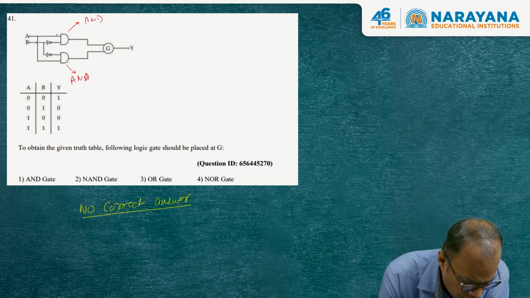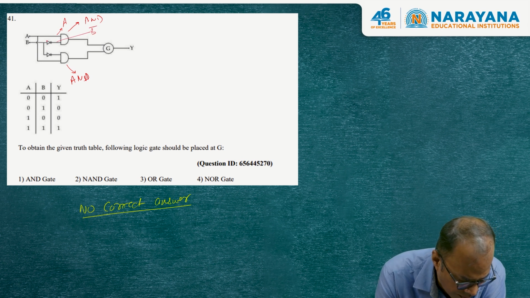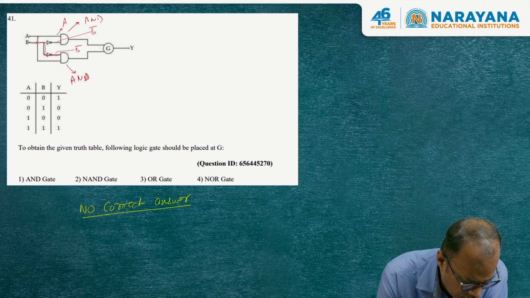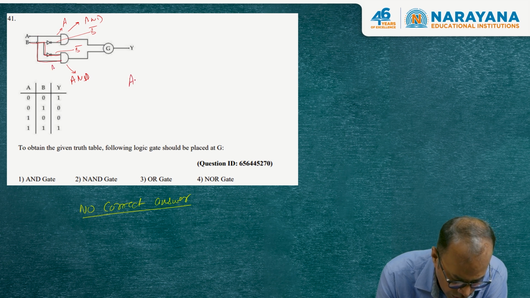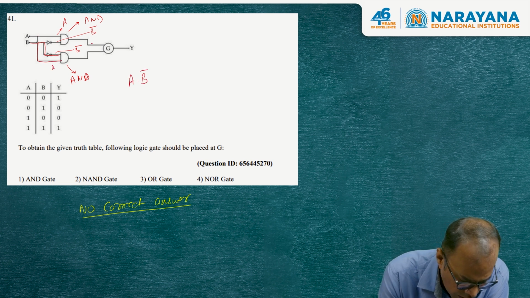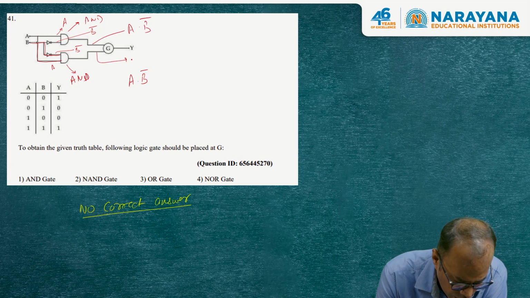From here we are getting input as A and this we are getting as B bar because of that NOT gate. Now the same B bar is reaching here also and same A is reaching here also. So that means we are getting A dot B bar and also A dot B bar.